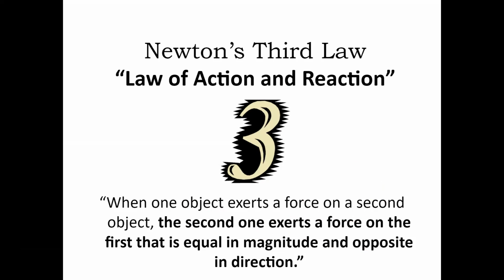So every time two objects interact with each other and exert forces, the first force is going to be exerted in one direction, and the force from the second object is going to be exerted equally in the opposite direction.